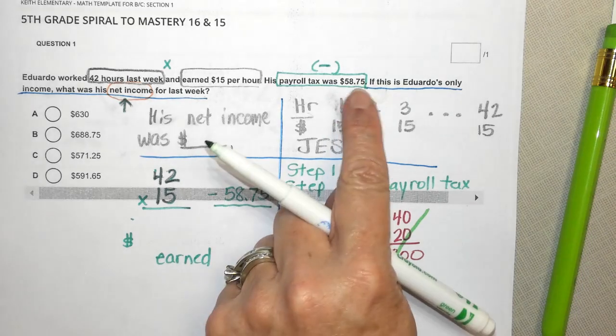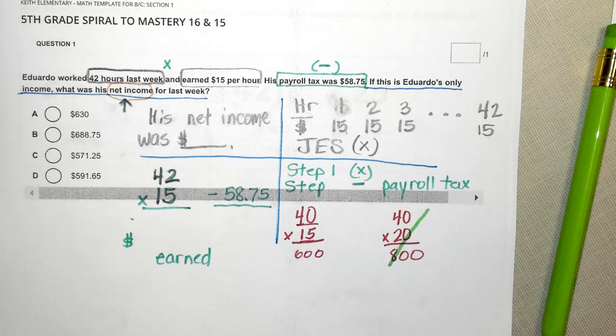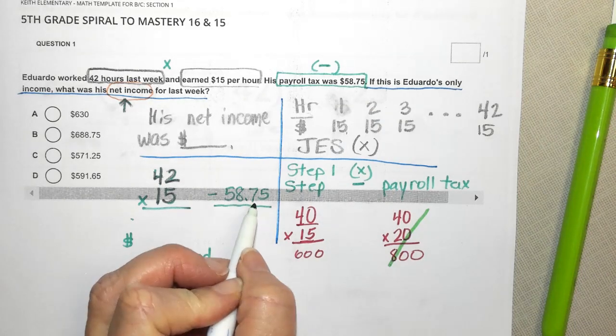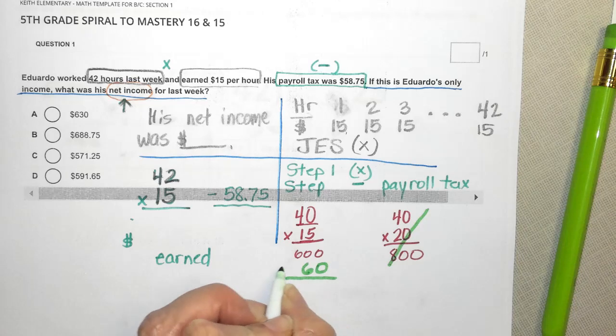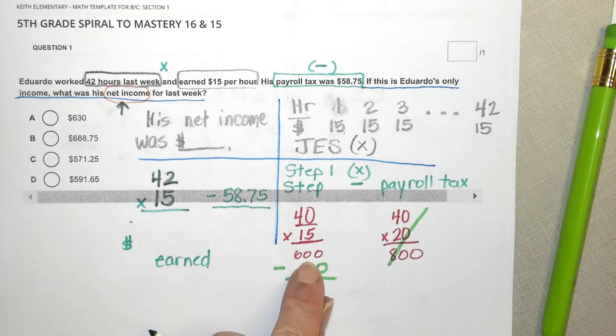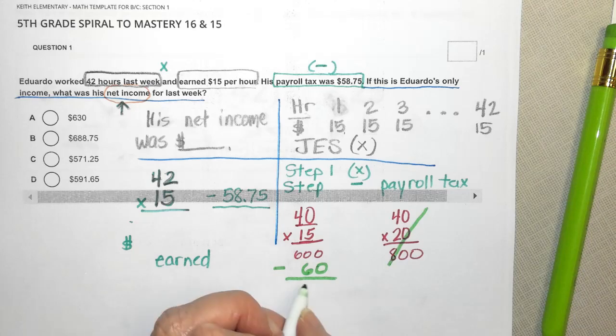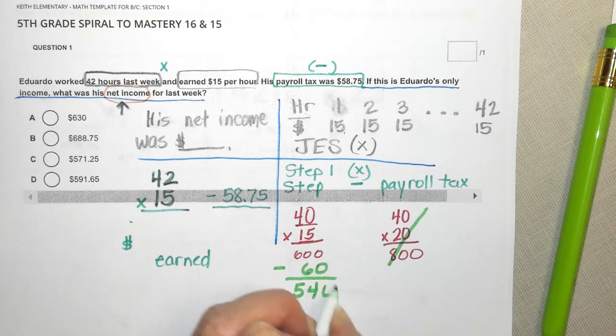And if I know that I have to take my payroll taxes from that, $58.75 is about $60. If I'm sitting at $600 and I take away $60, well, $50 would be $550, so $60 would be about $540.